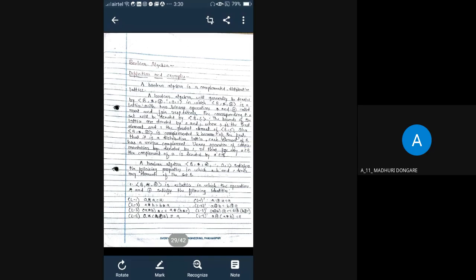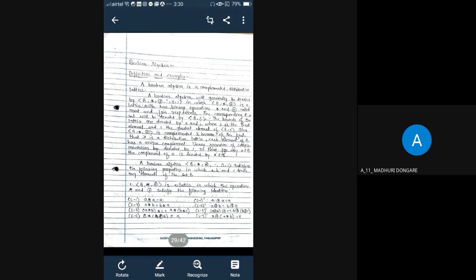After that we saw the properties of Boolean algebra. We categorized the properties into 5 types. First, Boolean algebra as a lattice, because Boolean algebra is the next version of lattice, so whatever properties are satisfied by a lattice are satisfied by Boolean algebra.